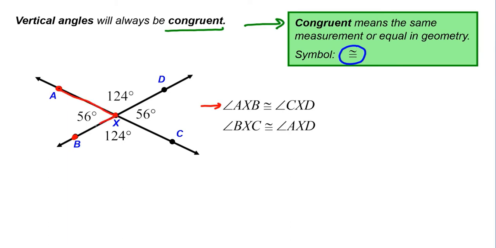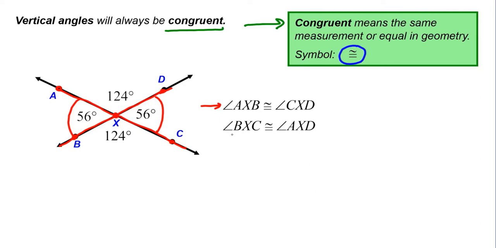Angle AXB is right here, and angle AXB is 56 degrees. And if we look at angle CXD, we'll see that that angle is also 56 degrees. So they are the same. They are equal to each other because they're vertical angles.